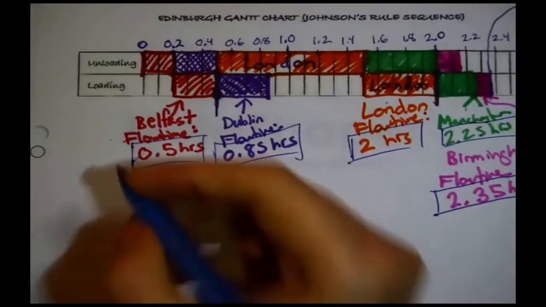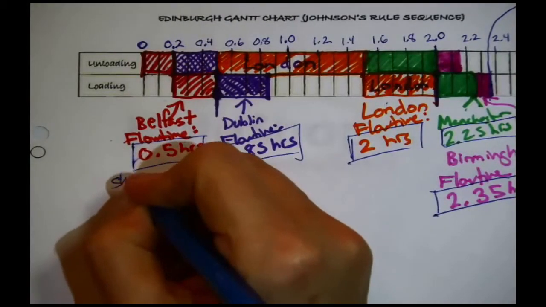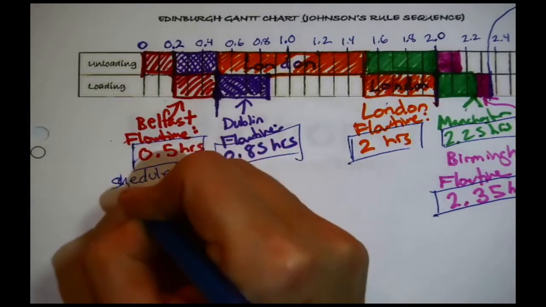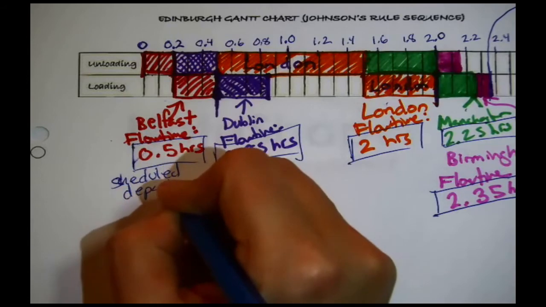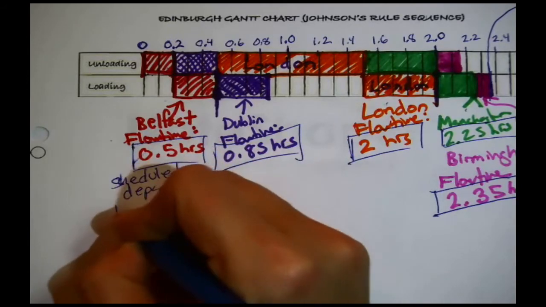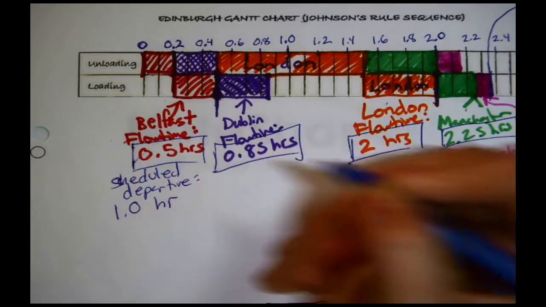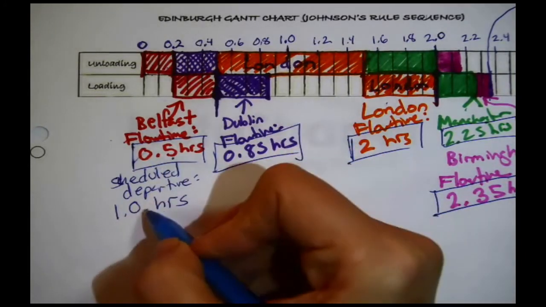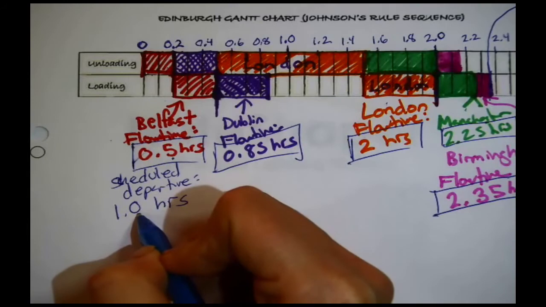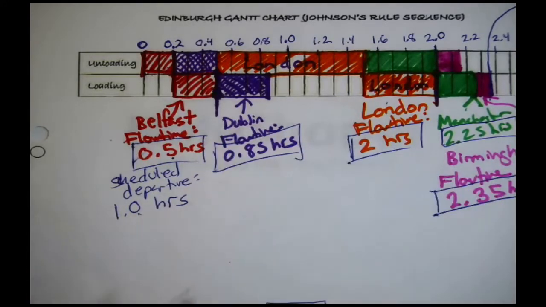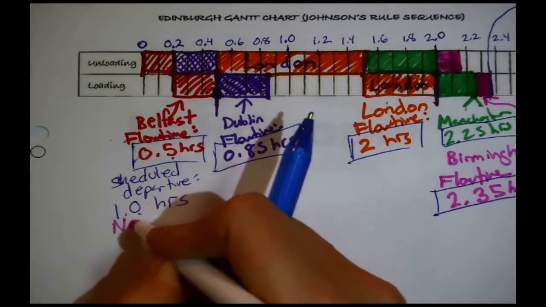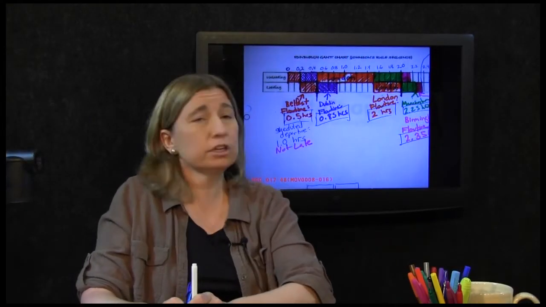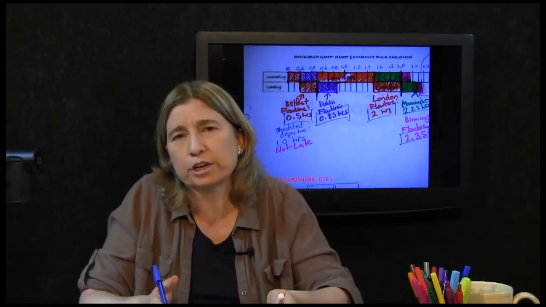Belfast, scheduled departure, 1.0 hours from now. It'll be done in a half hour. Now I'm just checking this against when it was promised. It won't be late. Matter of fact, it will be finished and could leave a half hour early. That's what we're checking for.